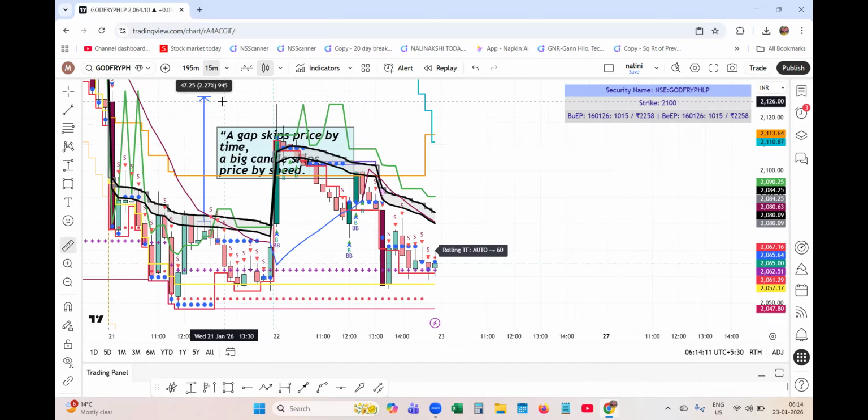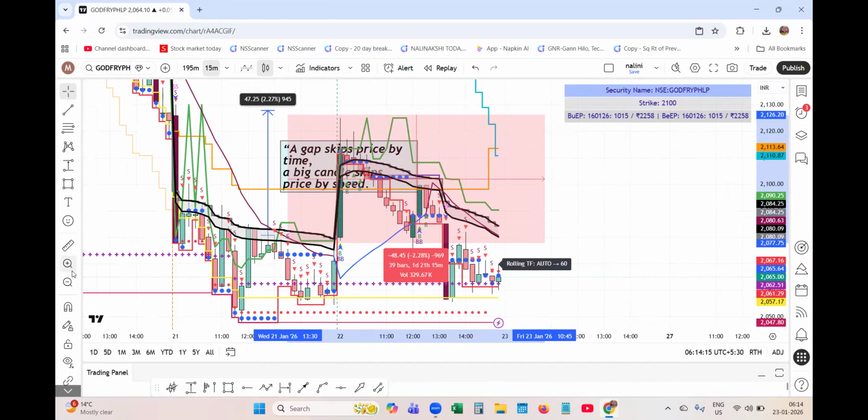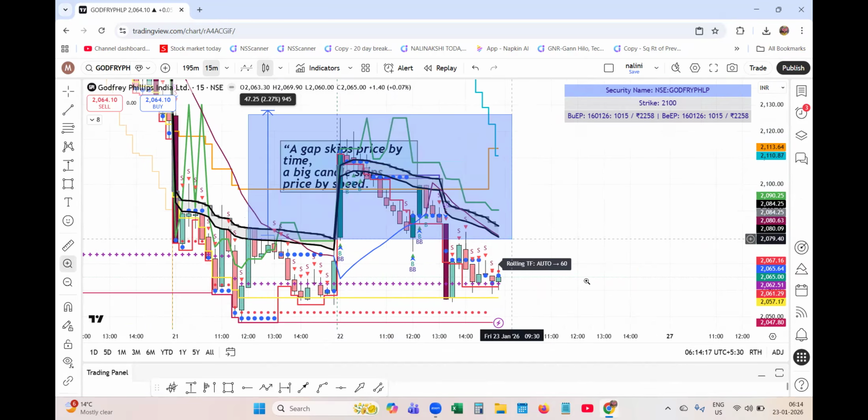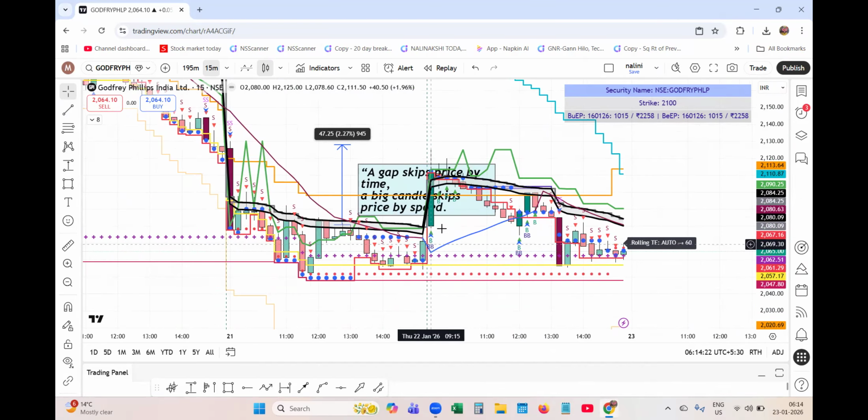Here you can see price coming down, breaking below the value area. The first time it broke below the value area, and the second time also, after the pullback, it broke below the value area. Then it started trading below the value area.